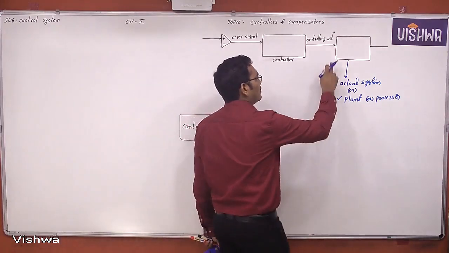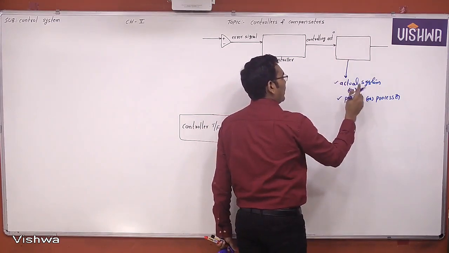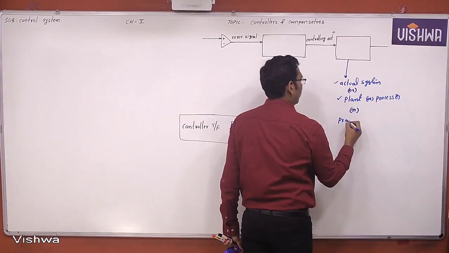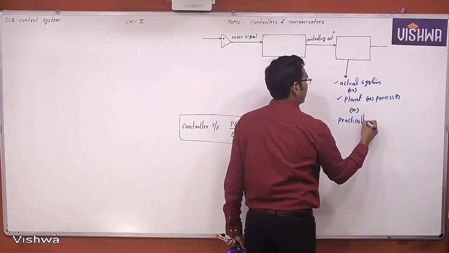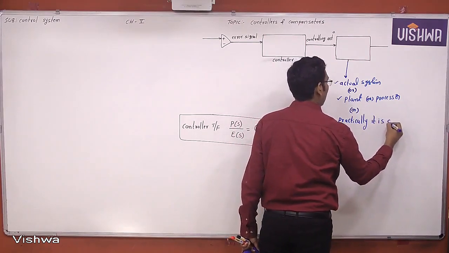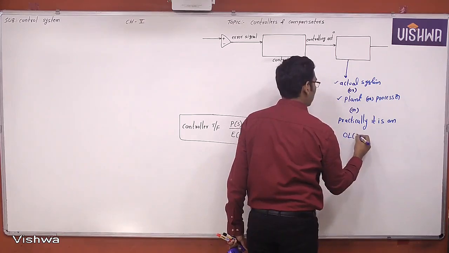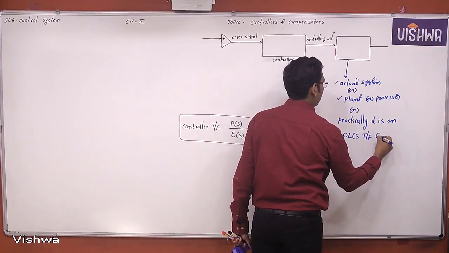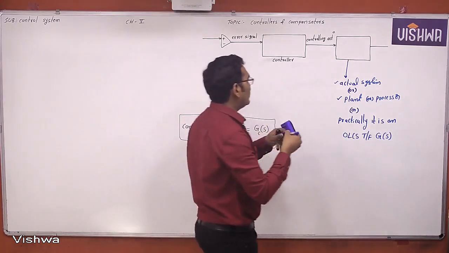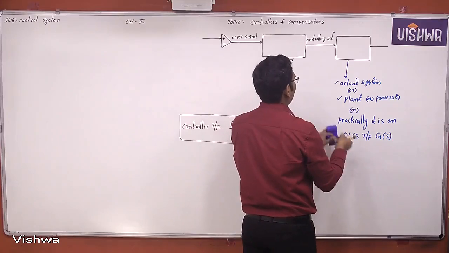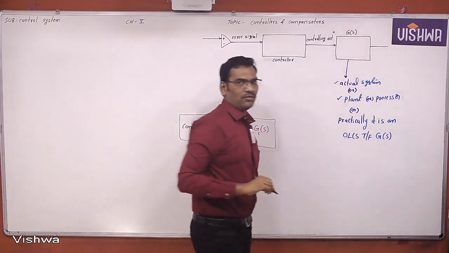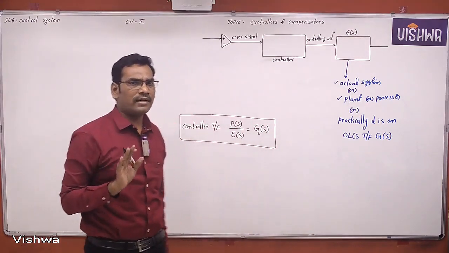Students, listen: this plant is nothing but an open loop control system transfer function G(s). Understand or not? So this is the plant.